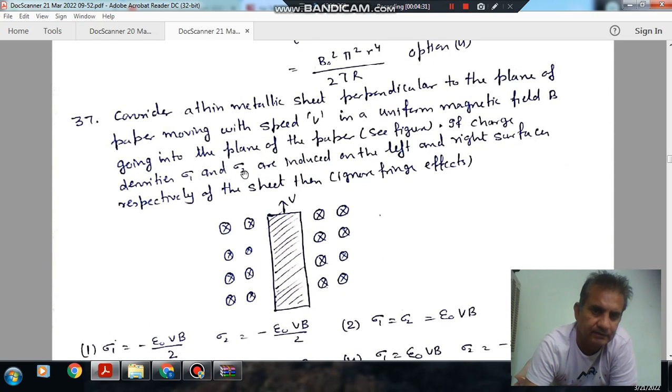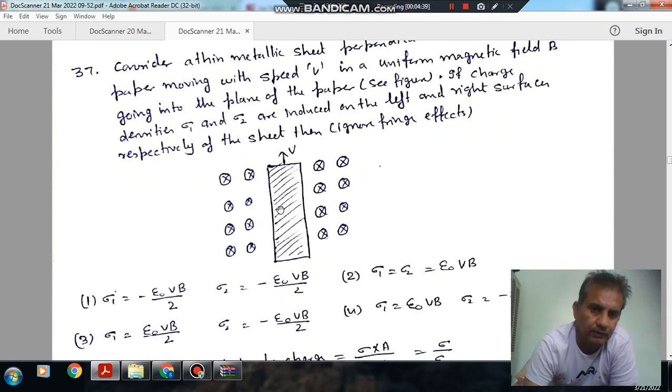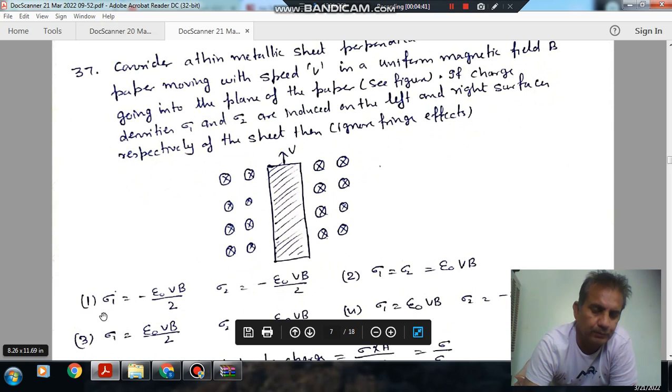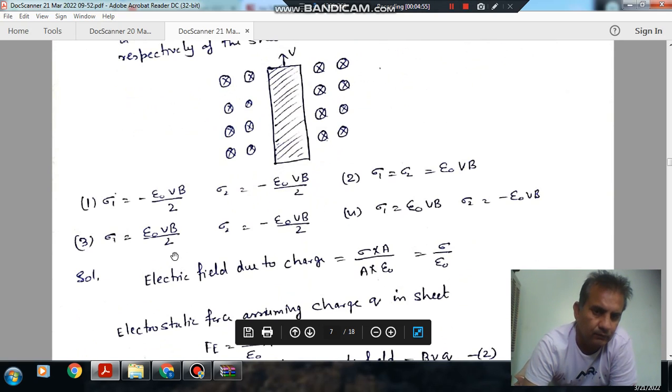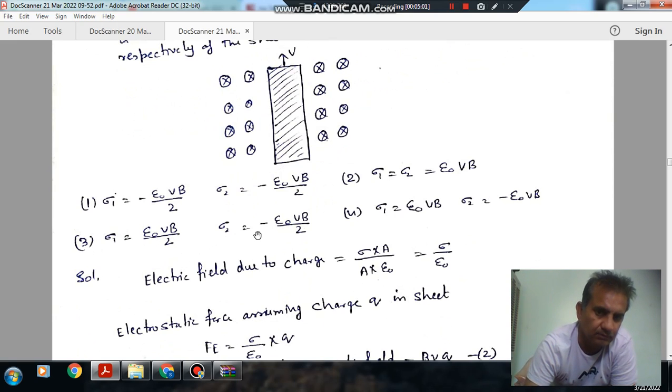If the charge densities sigma 1 and sigma 2 are induced on the left and right surfaces respectively of the sheet, then the options are: option 1, sigma 1 is minus epsilon naught vB by 2 and sigma 2 is epsilon naught vB by 2; option 2, sigma 1 and sigma 2 are both epsilon naught vB; option 3, sigma 1 is epsilon naught vB by 2 and sigma 2 is minus epsilon naught vB by 2; option 4, sigma 1 is epsilon naught vB and sigma 2 is minus epsilon naught vB.